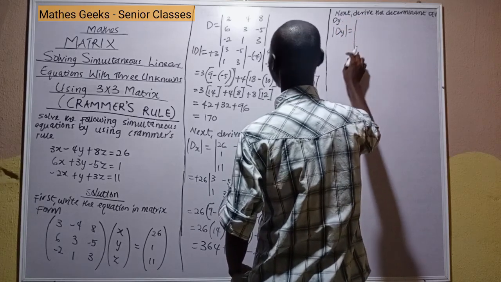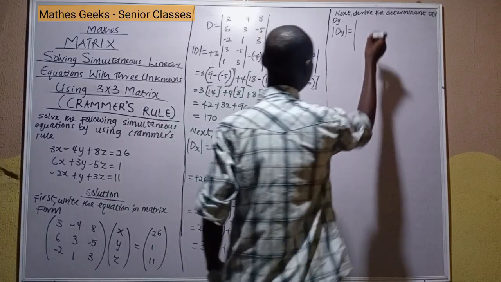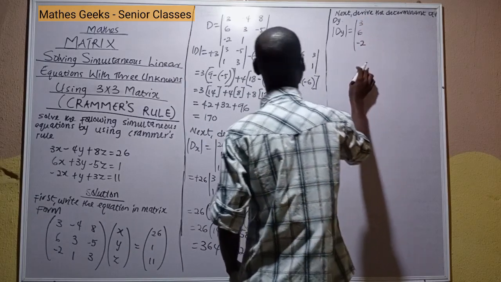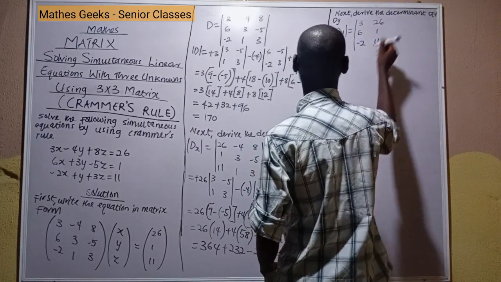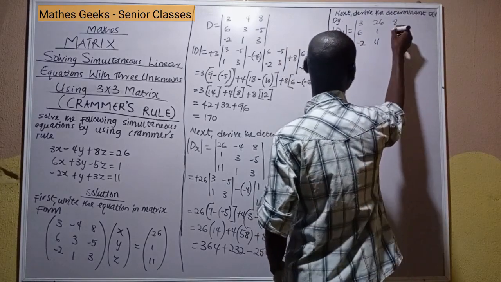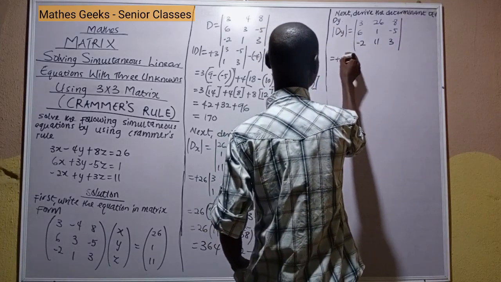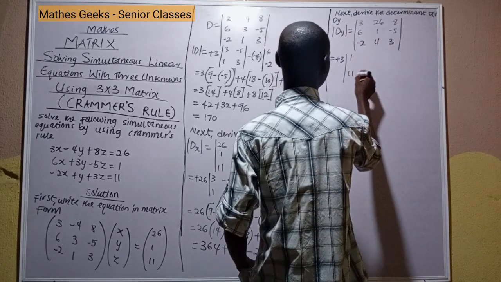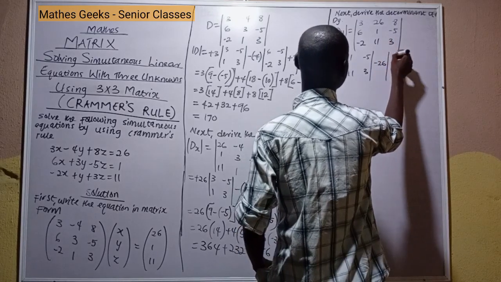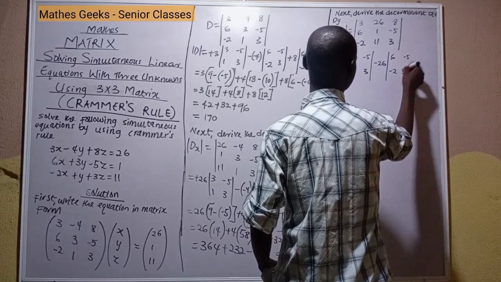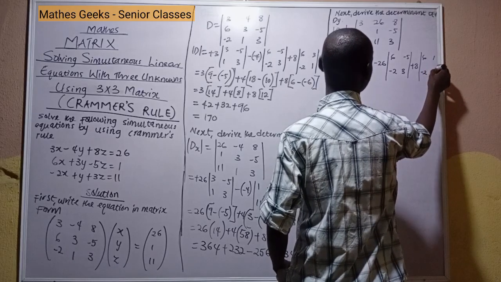For dy, we're going to replace the y column with the column on the right-hand side. So 3, 26, minus 2, and 1, 11, 8, minus 5, 3, plus 3 times 1, 11, minus 5, 3, minus 26 times 6, minus 2, minus 5, 2, plus 8 times 6, minus 2, 1, 11.